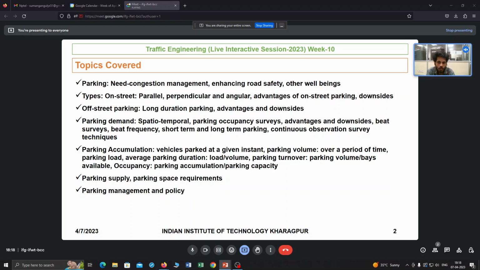So first, why do you need to do parking? People are already parking vehicles on the road, so why do you need a system for parking, and what is the need of it? As you know, cities have expanded rapidly, mostly in urban areas.